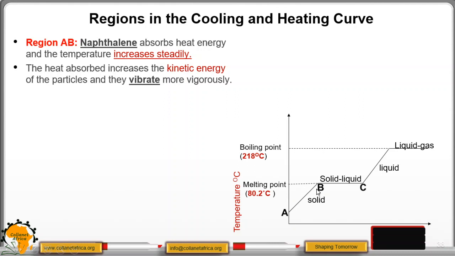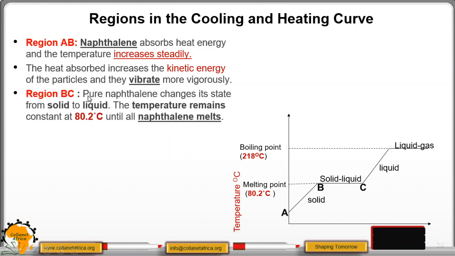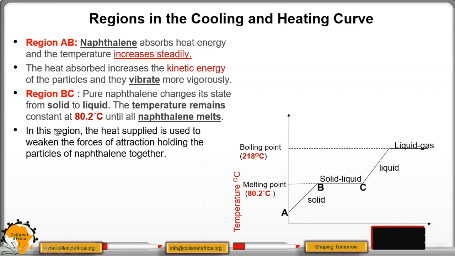Then from point B to C, there is no temperature change. Pure naphthalene changes its state from solid to liquid. It melts. The temperature remains constant at 80.2 degrees Celsius until the naphthalene melts. In this region, the heat supplied to the naphthalene is used to weaken the forces of attraction holding the particles of naphthalene together.